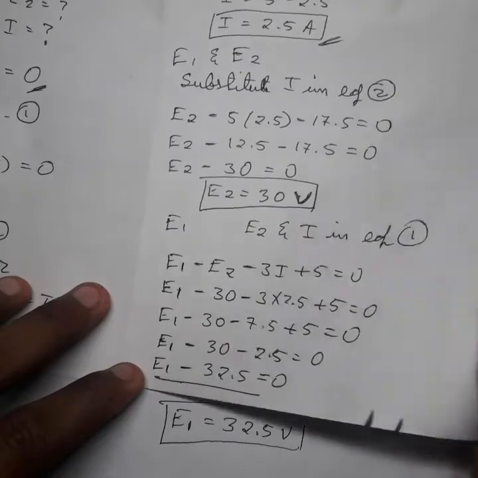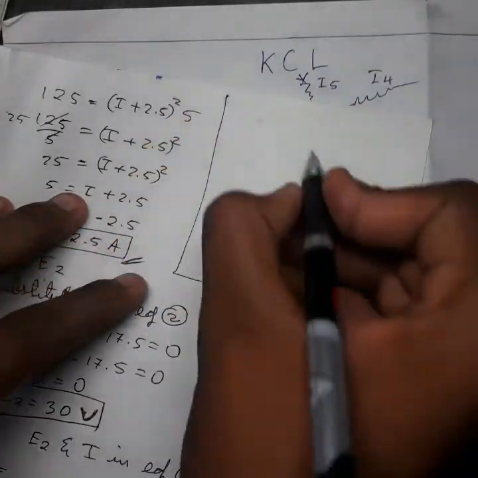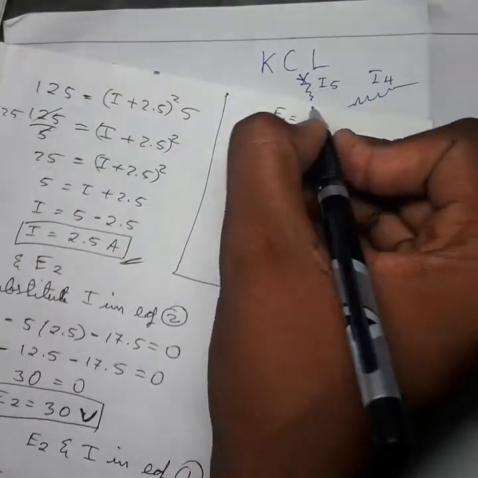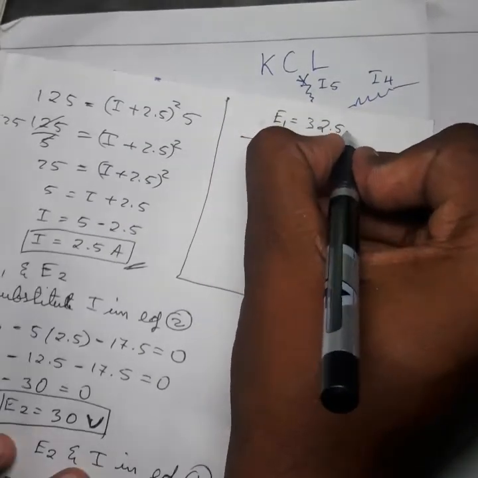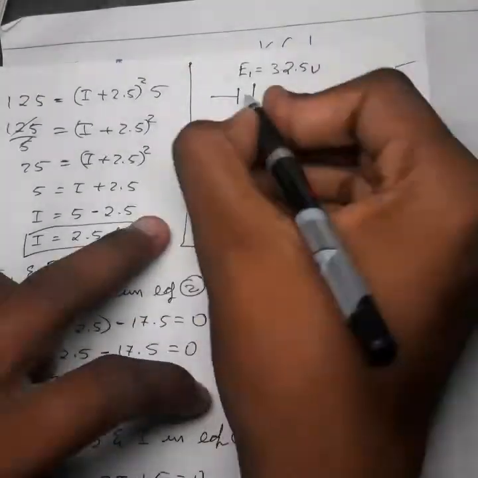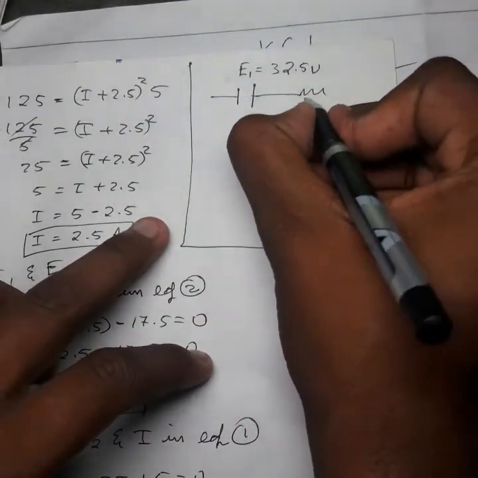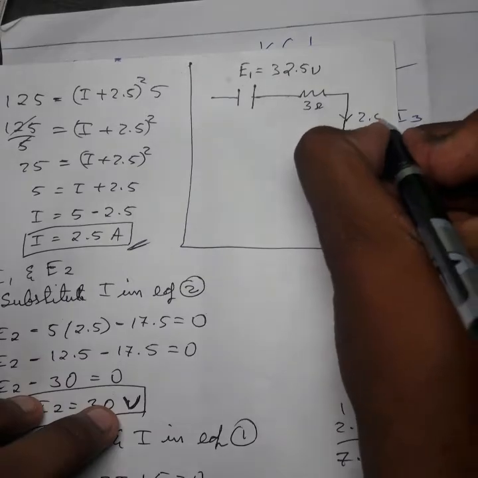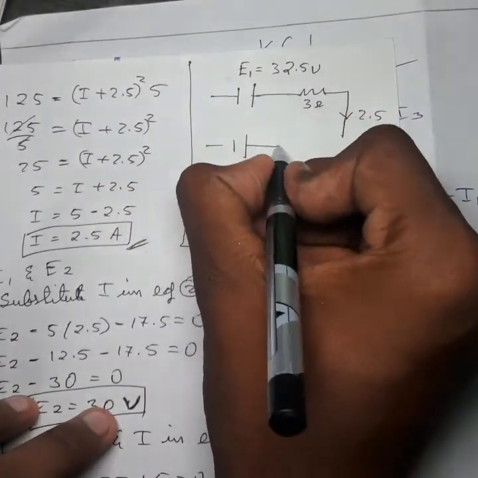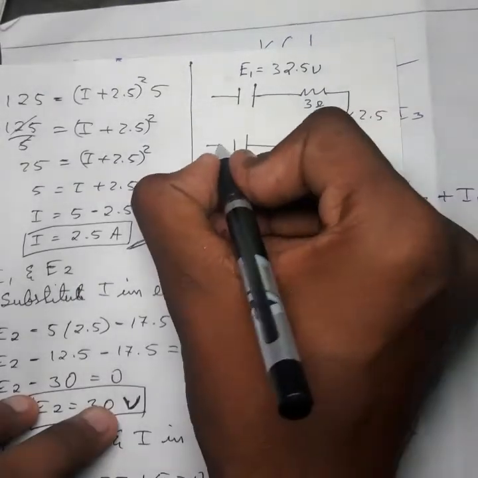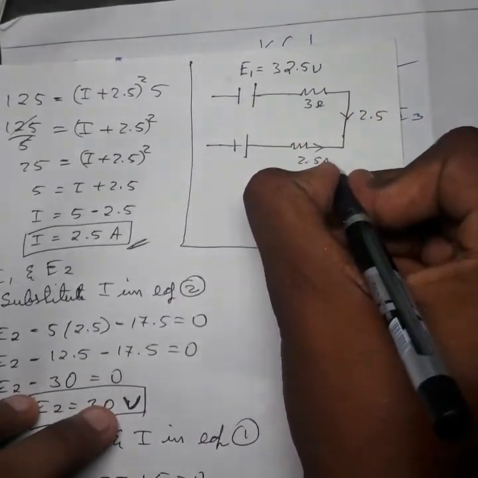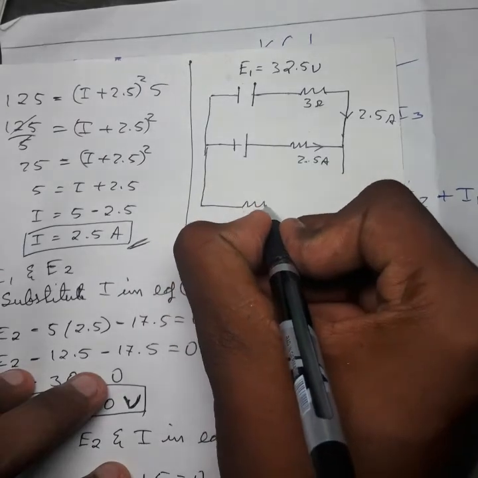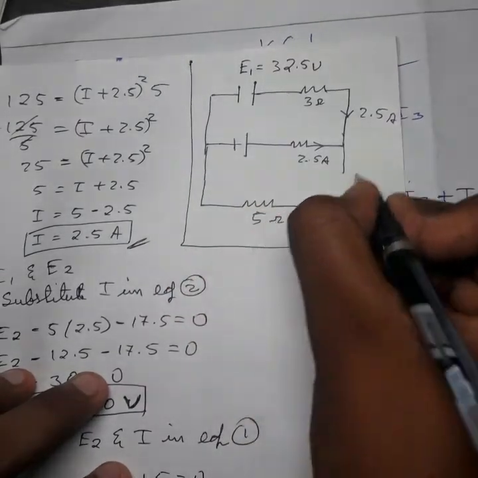Hence we find out all the values, and we would write the circuit here with all its values, that is E1, which equals 32.5 volts, and the value of the coil, it is given in the question itself, 3 ohms, and the current flowing I value is 2.5, and here 2.5 amps, it's already given. 5 ohms it is given.